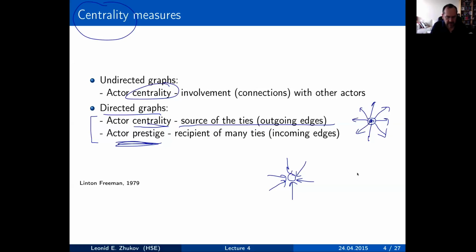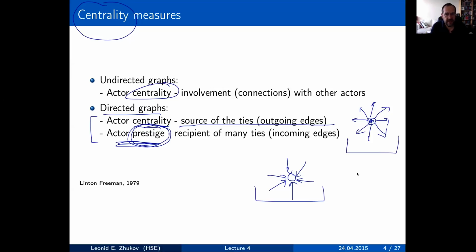We'll be talking mostly using the terminology of centrality, and I'll mention those points where it would probably be more appropriate to say prestige, but again, it depends on the literature being used. One thing that is important to remember is that when you have a directed graph, there is a tremendous difference between situations when somebody is a recipient and when somebody is a sender.